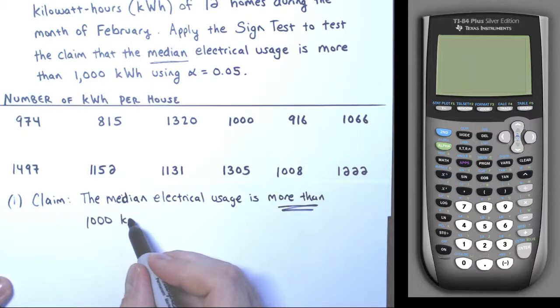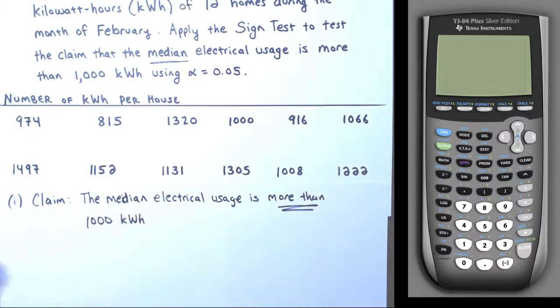And this is a claim about the entire population. I hope that's understood. Every time you make a claim when you're doing hypothesis tests, it's about some population or some populations.